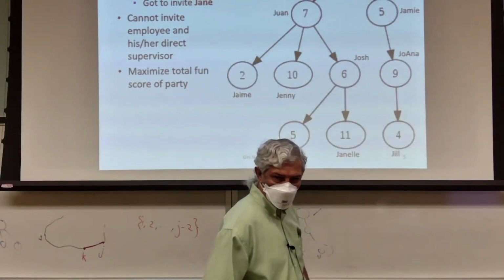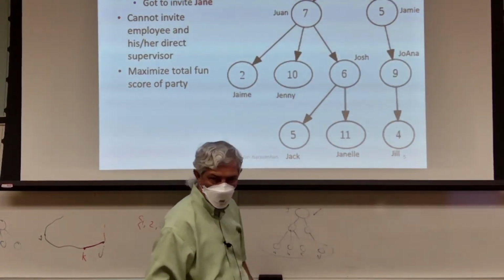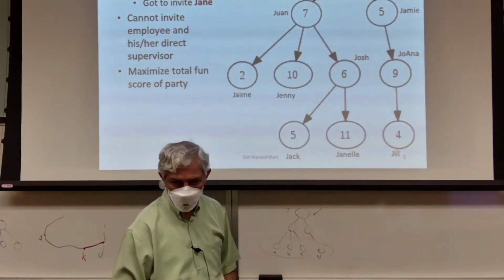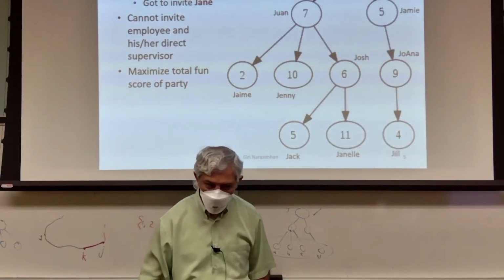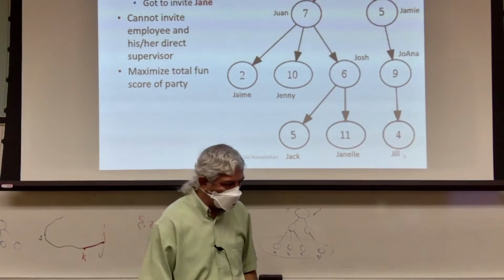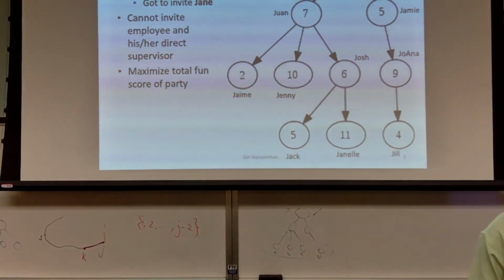So 0 plus the max of taking Jack or not taking Jack. Then when we get to Janelle, it's the same thing, either take Janelle or not take Janelle. And then at the end, after checking all his children, we need to check the maximum of all his children, or just taking Josh.